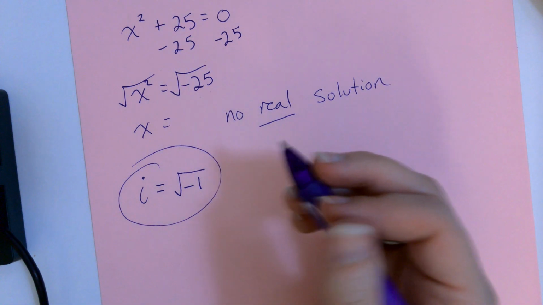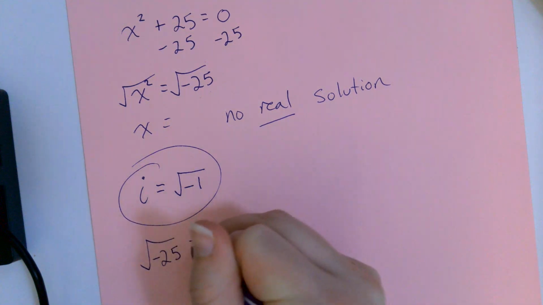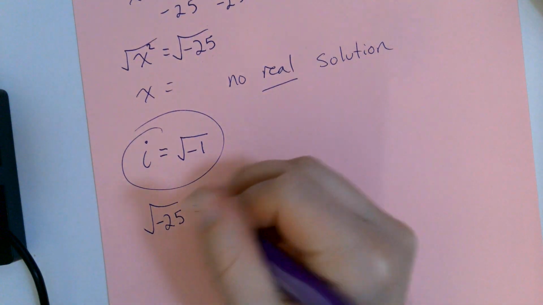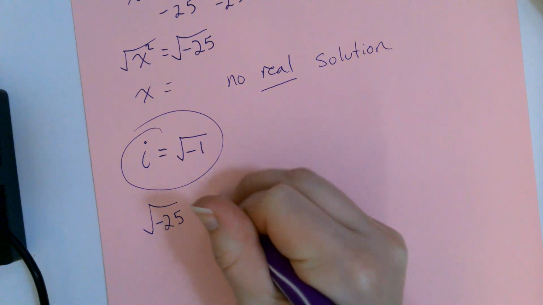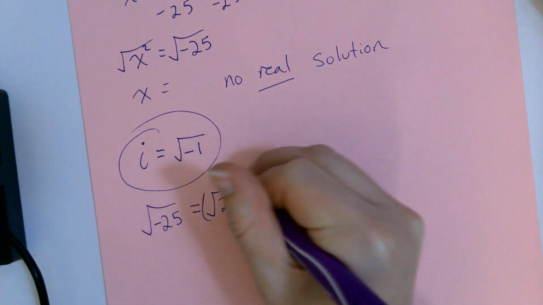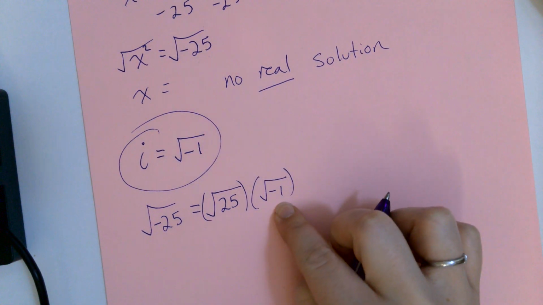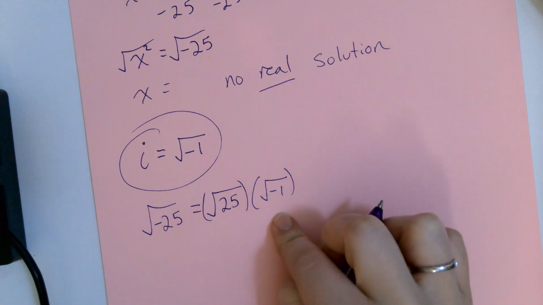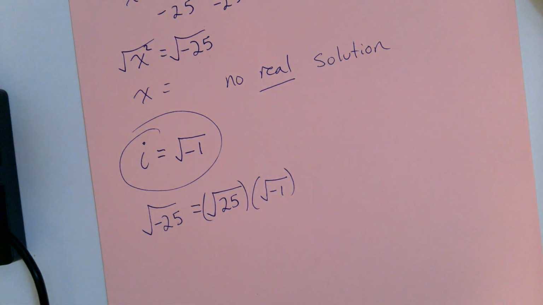So if we had the square root of negative 25, when you have a square root, you can split up the inside into factors. So we could say the square root of 25 times the square root of negative 1, because 25 times negative 1 gives us negative 25. So the square root of 25 times the square root of negative 1 would give us the square root of negative 25.